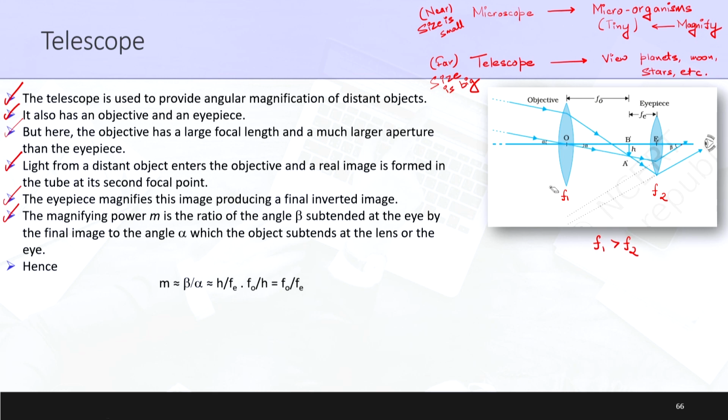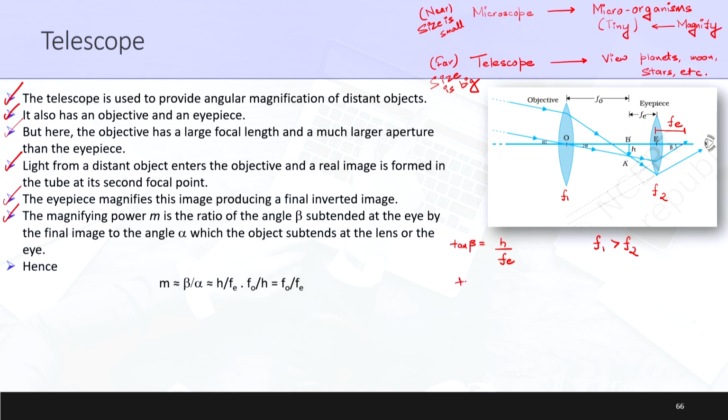Hence m is approximately equal to beta by alpha, which is approximately equal to h by fe into f naught by h. How is this obtained? As you can see, beta is this portion here, and this is fe. So you can write tan beta is equal to h upon fe.